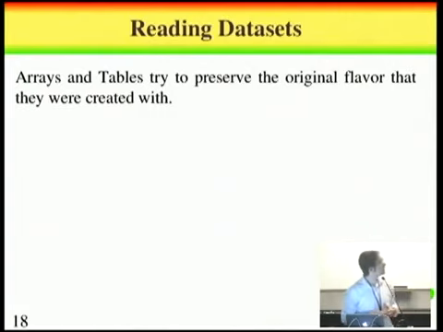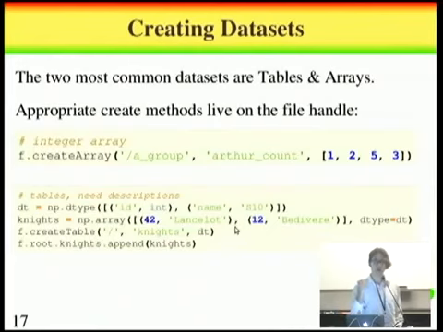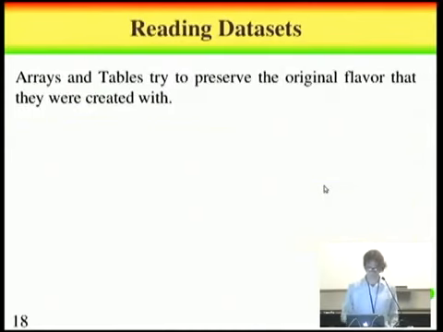That said, arrays and tables try to preserve the original flavor that they were created with. Flavor is actually a term that was used, right? So up here we created a table with a list, and here we created one with an array. So when we try to grab those back out from HDF5, we would like to get a list back and an array back, right?